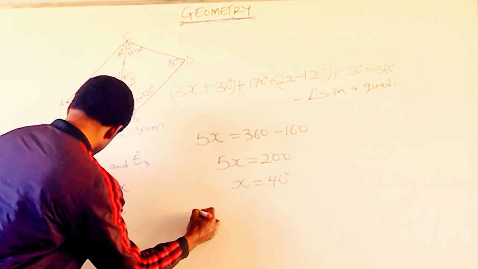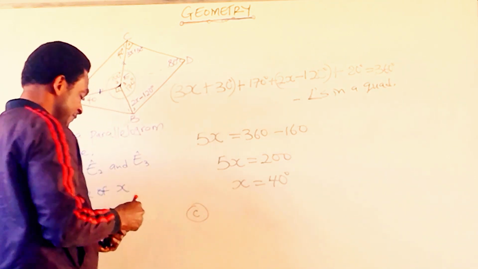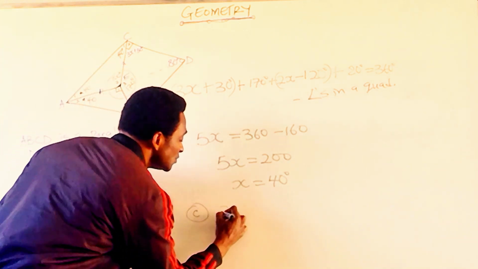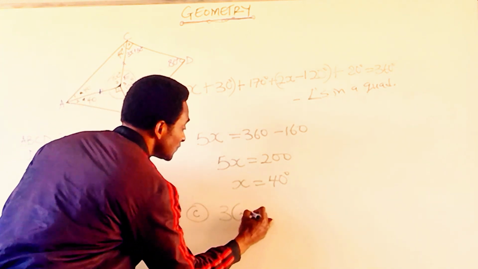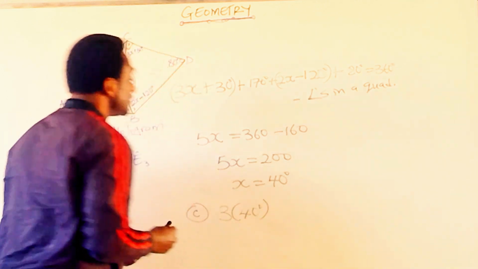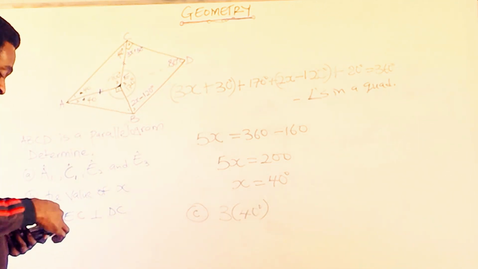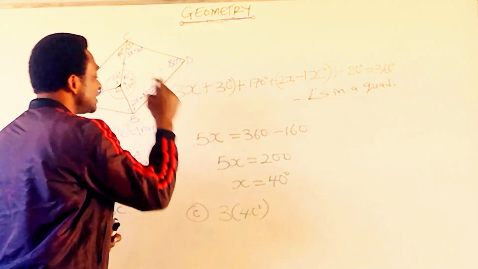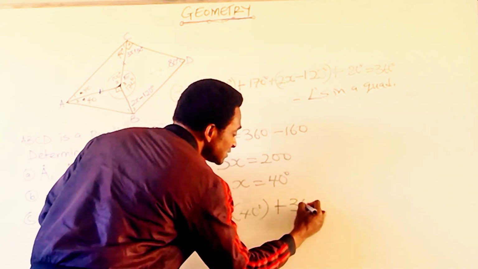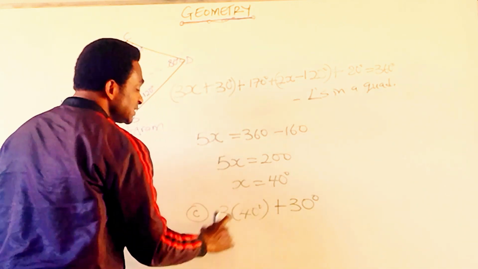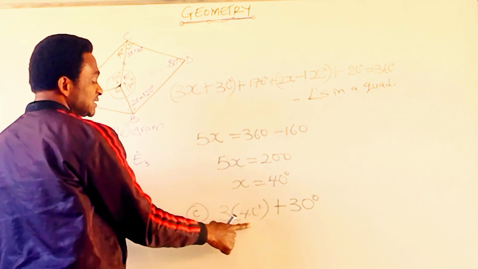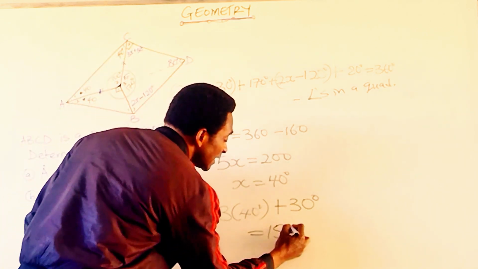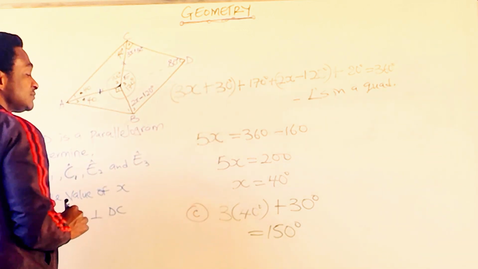So the next one, which is question number C, we are just going to sub in the value of x to check if that angle will give us 90 degrees. We have 3x plus 30 as that angle, so 3 times 40 is actually 120 plus 30, so that angle will be 150 degrees.